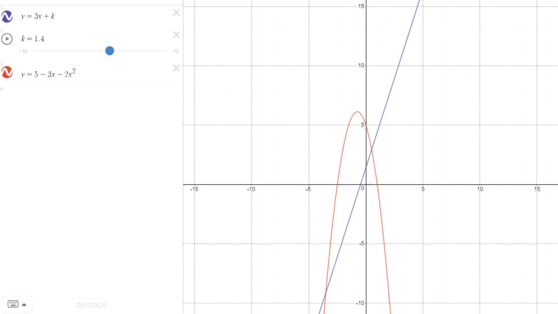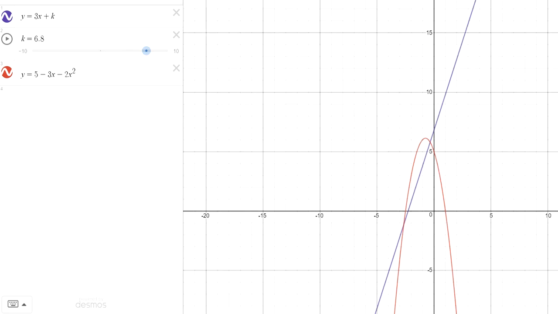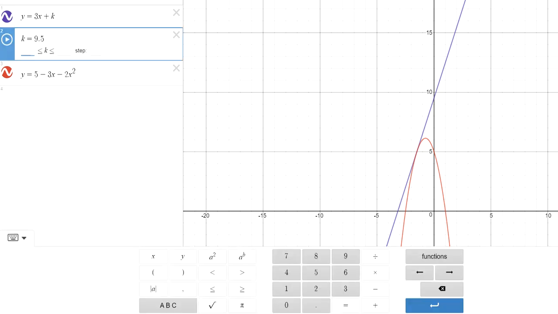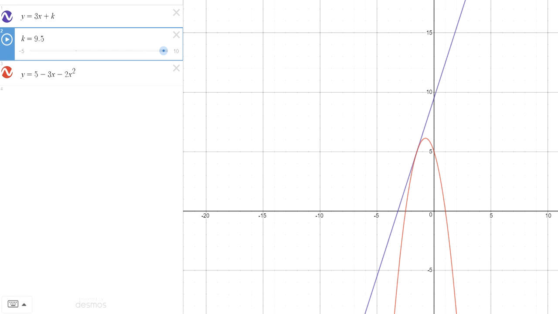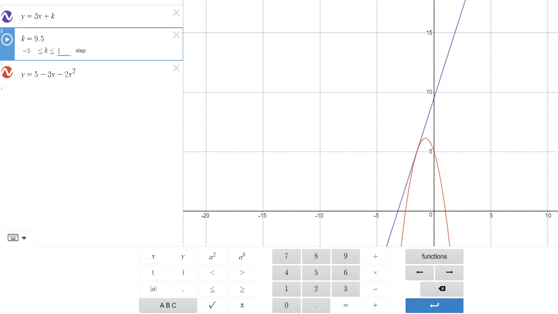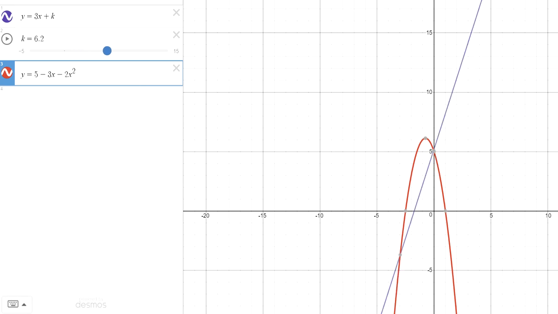So if I want it not to intersect, then my straight line has to be on the left-hand side, corresponding to values greater than 9.5.